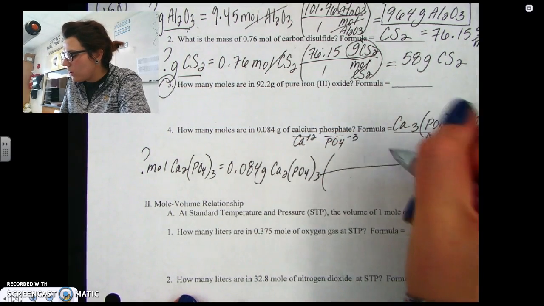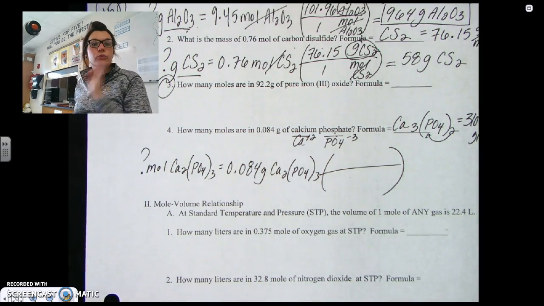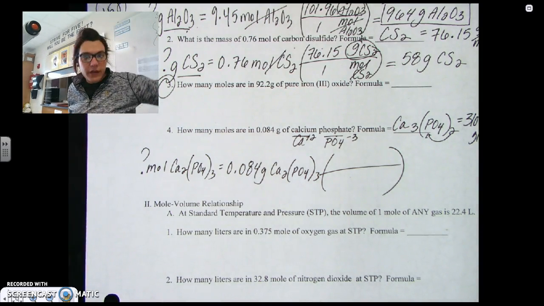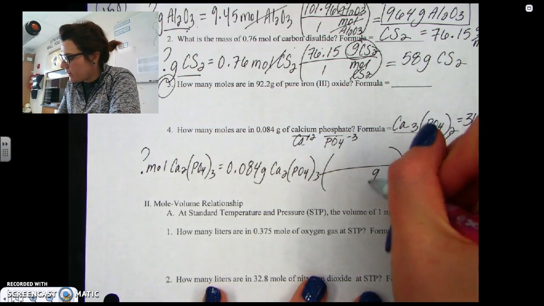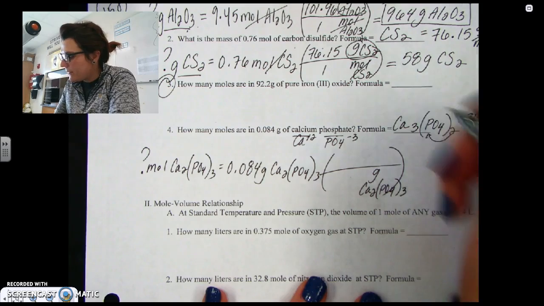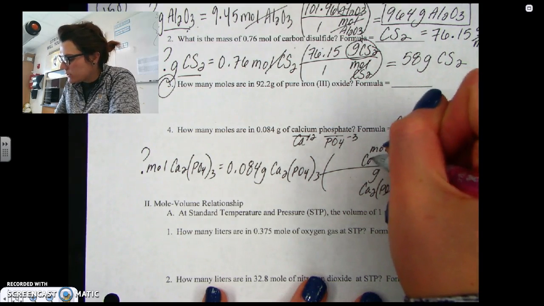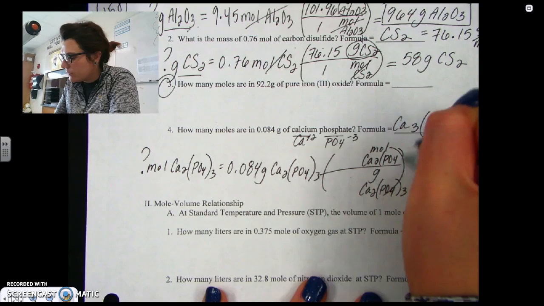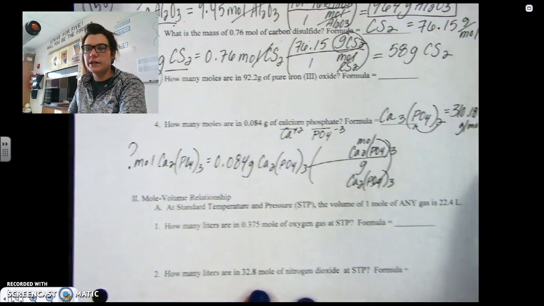Okay? This time, I'm getting rid of grams, so grams goes in the bottom. So grams of calcium phosphate goes in the bottom, and I want moles of calcium phosphate, and that goes in the top.